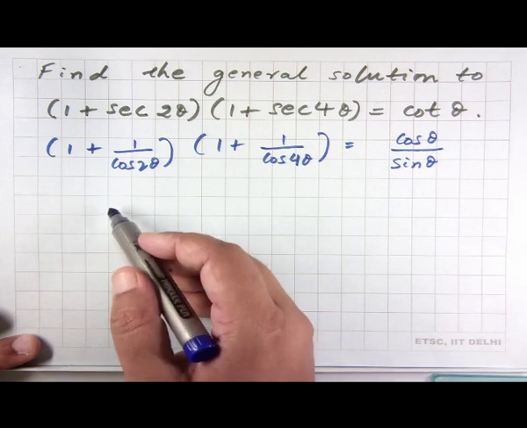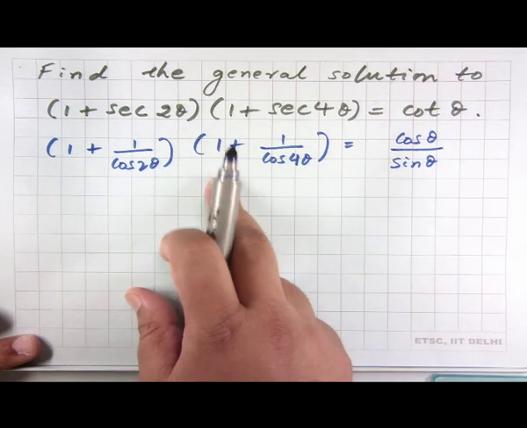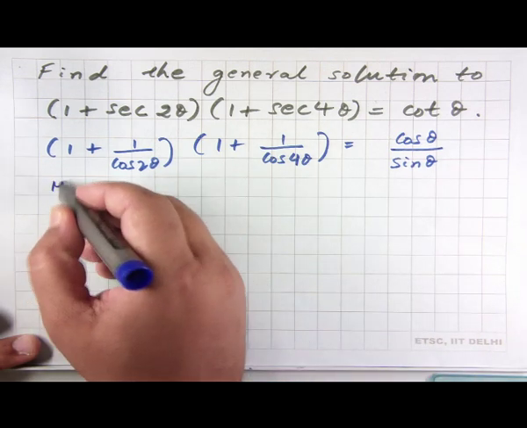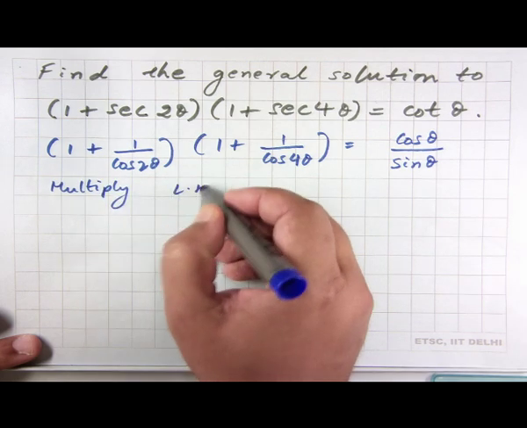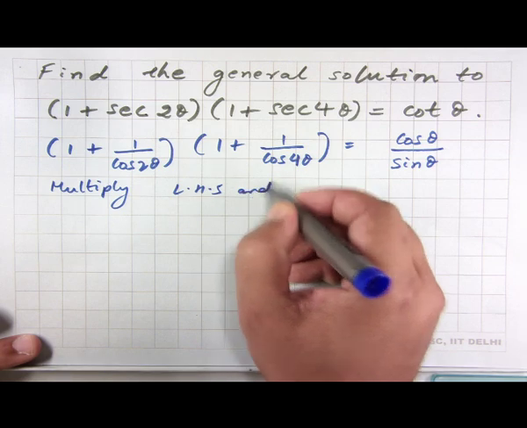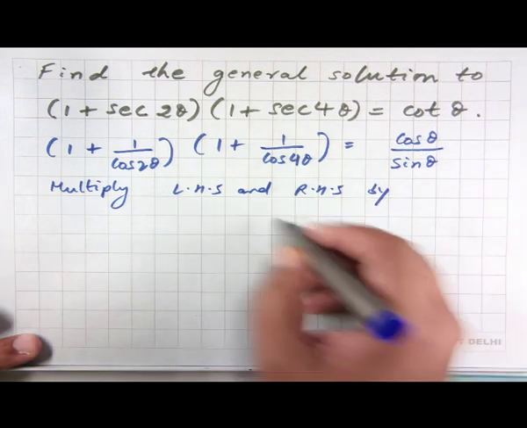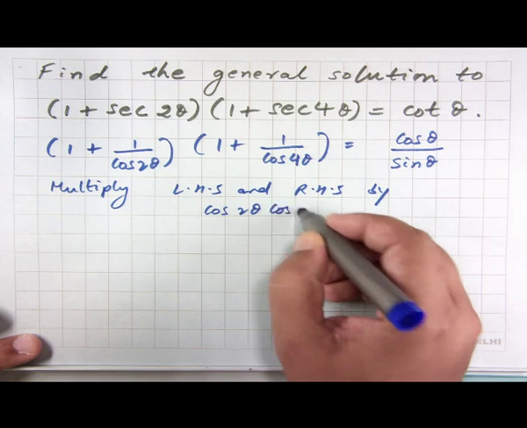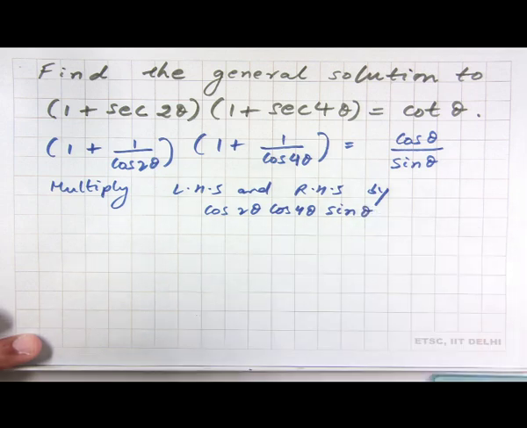And then we multiply both the left hand side and the right hand side by cos 2 theta times cos 4 theta times sin theta.